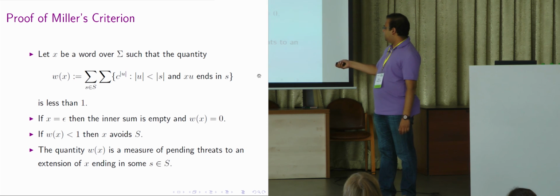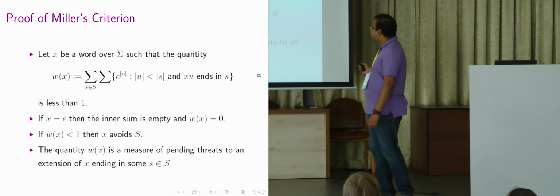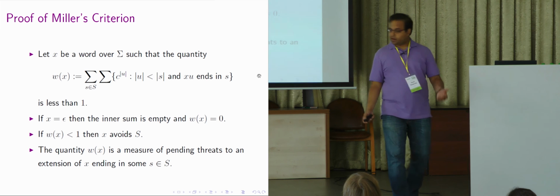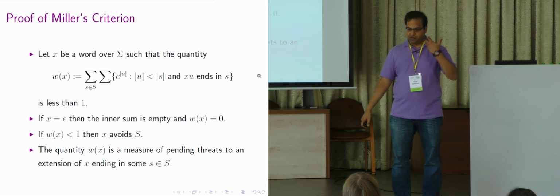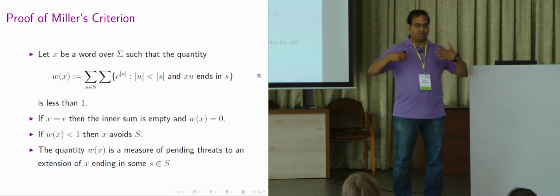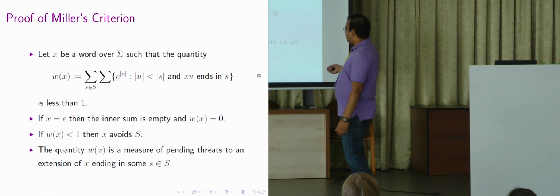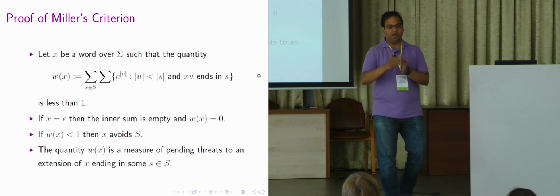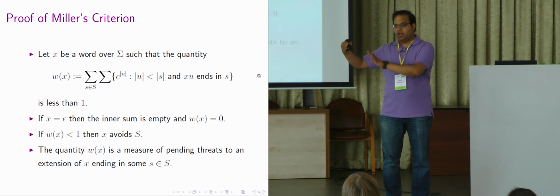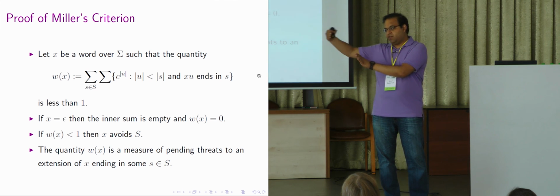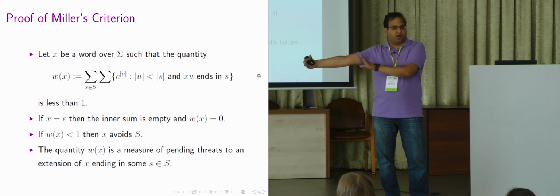So the idea of this quantity W of x is that it's some kind of weight, and it's measuring these pending threats. I'm extending x, and there's possibly some threat that if I extend, I will complete some suffix to a forbidden word.